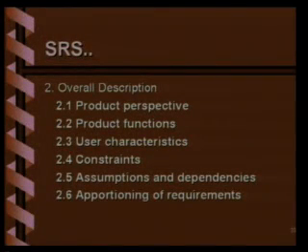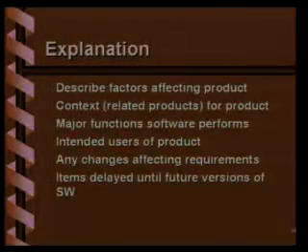It covers product perspective, product functions, user characteristics, constraints, assumptions and dependencies, and apportioning of requirements, dividing the requirements into specific things. But what do all these things mean? Let's look into the explanation for it.